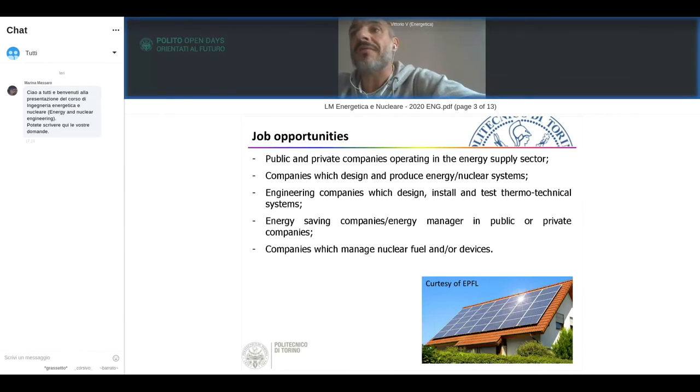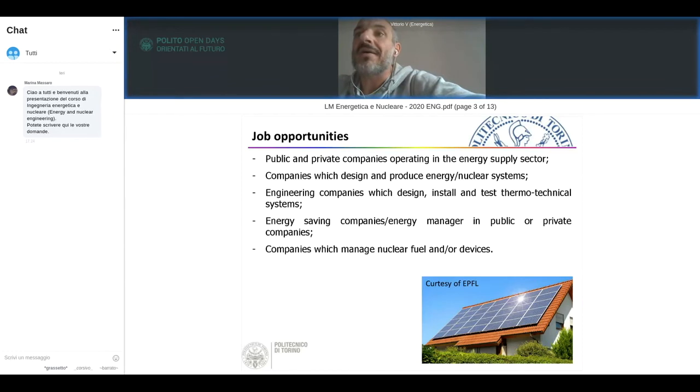The public and private companies which operate in the energy supply sector, so in the energy market, let's say, companies which design and produce energy and nuclear systems and components, engineering companies.